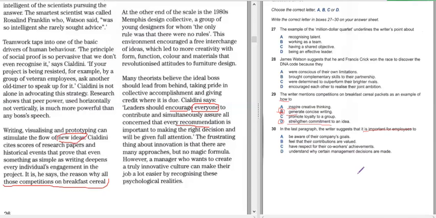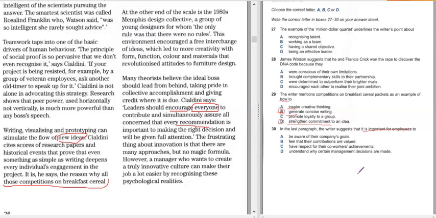With the sentence, leaders should encourage everyone to contribute and simultaneously assure all concerned that every recommendation is important, I thought that every employee's responsibility is to be aware of the goal so that they can achieve it.